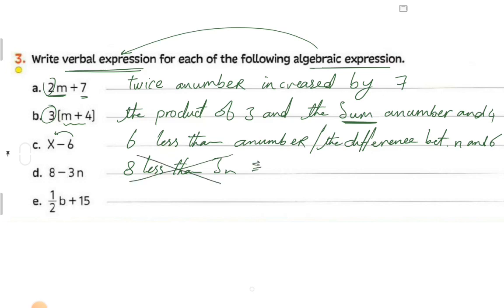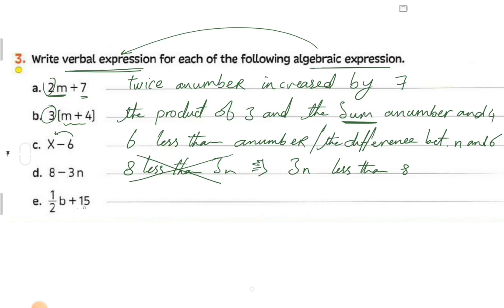The correct one is 3n less than 8. That means 8 minus 3n. Okay, the difference between 8 and the triple of n.